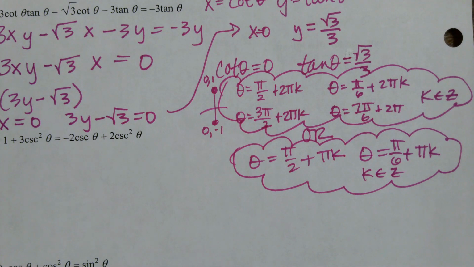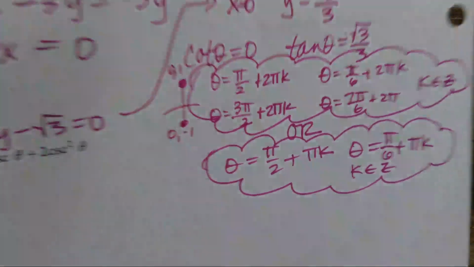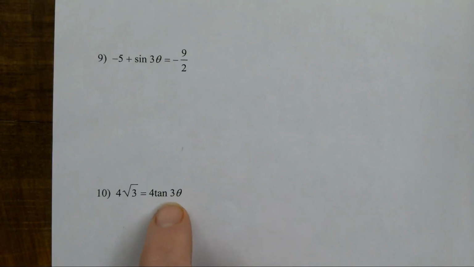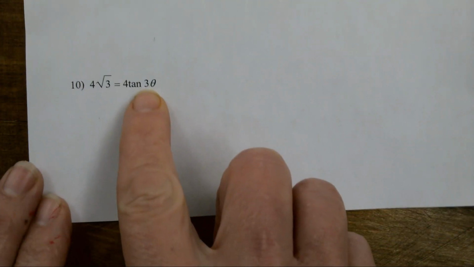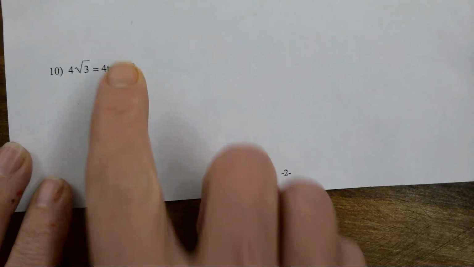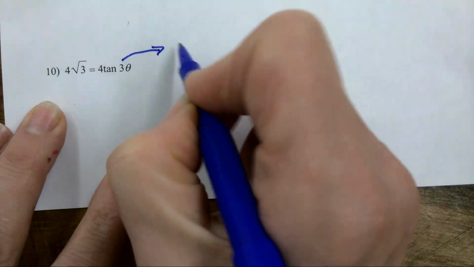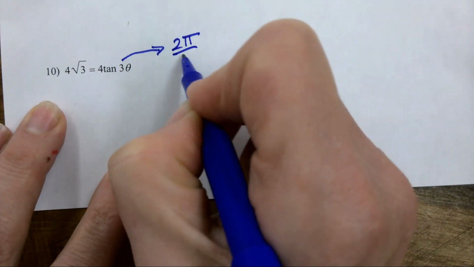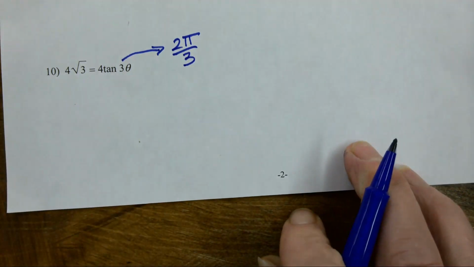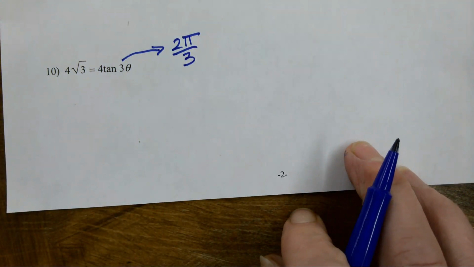10 was the last one. And I'm glad you guys asked about 10. Because what happens when you have that angle in front of there? So I have to remember that what I add on the end here, instead of 2 pi, is going to be 2 pi over 3. Okay?